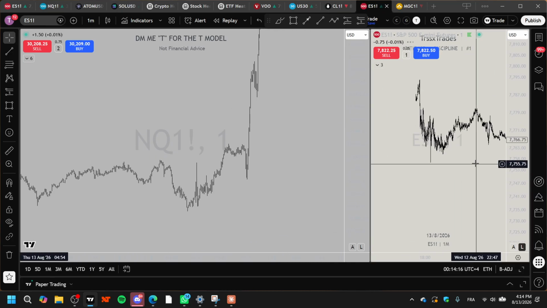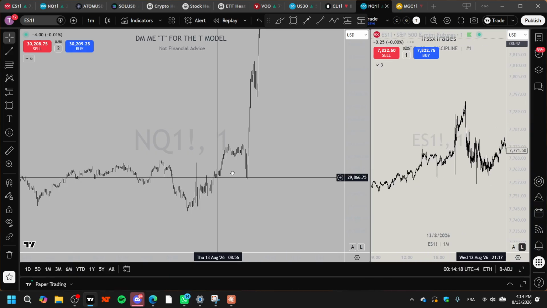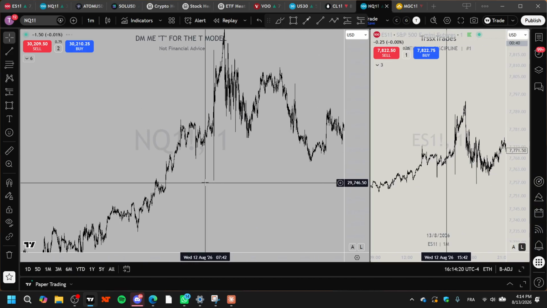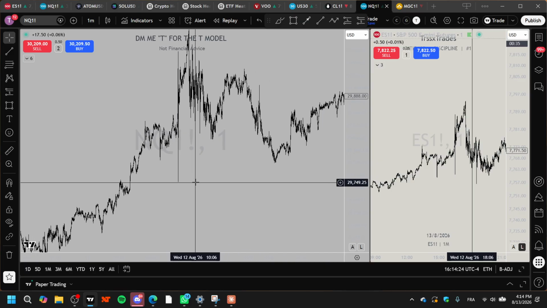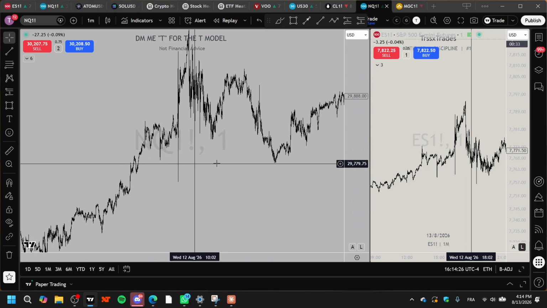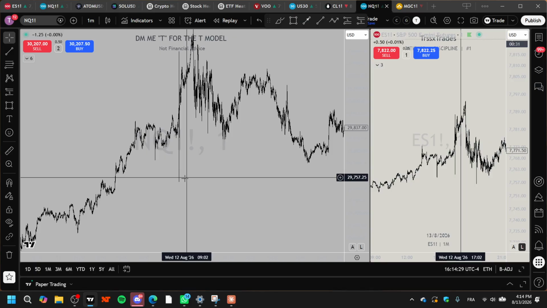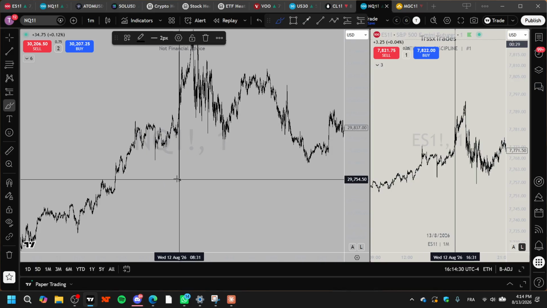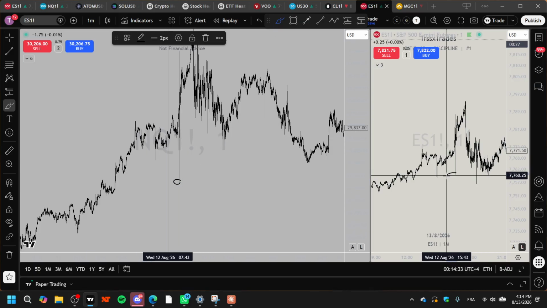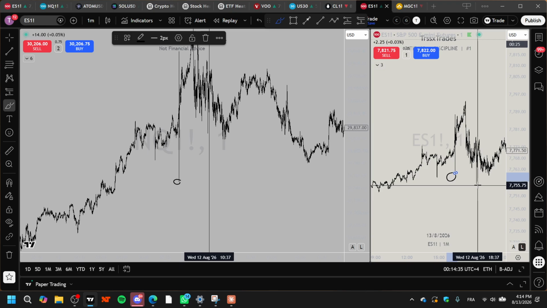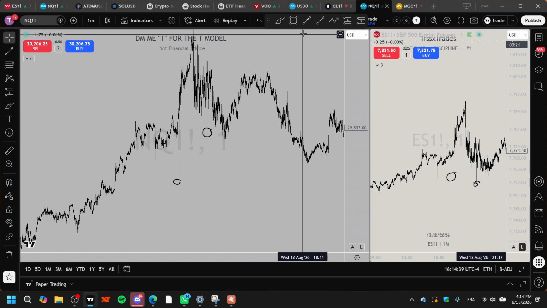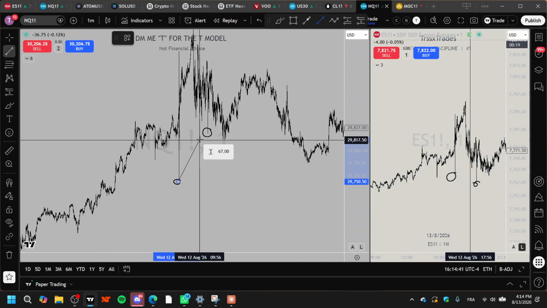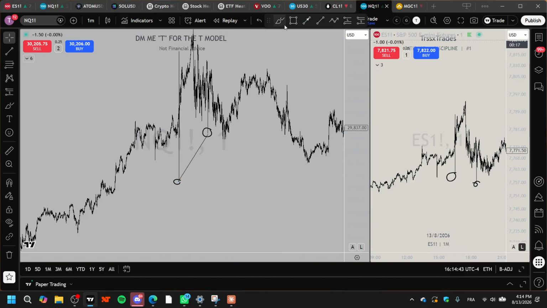Actually, I know where to go. All right, so we see right here that we have a wick right there. Now we see that we have a wick right here on ES and a wick right here on NQ, correct? Now, a lot of people were bearish to that wick right here because it's a data wick.